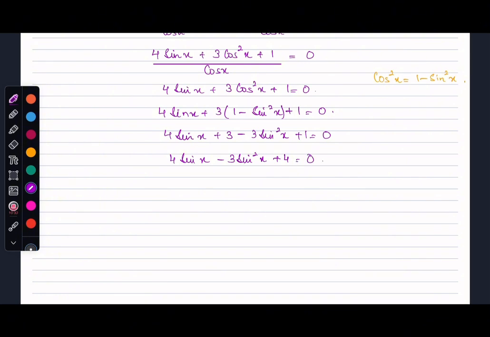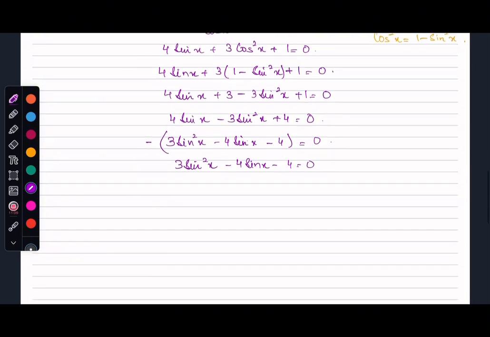And solving it further, if I take the negative sign common, I should be having negative bracket 3 sine square x minus 4 sine of x and negative 4, which then shall be equal to 0. So our disguised quadratic equation is 3 sine square x minus 4 sine of x and negative 4, which should be equal to 0.